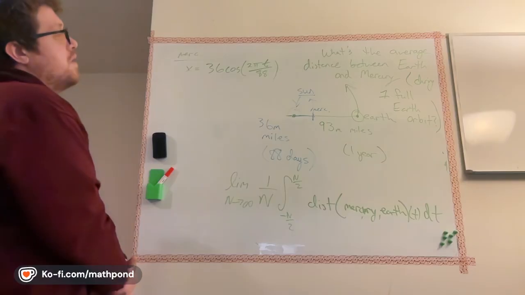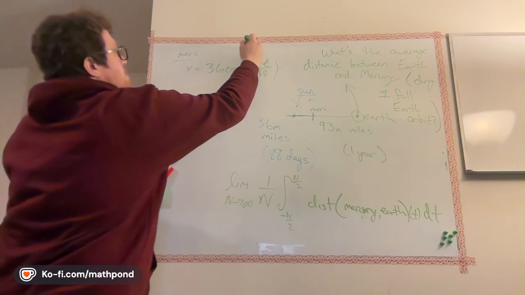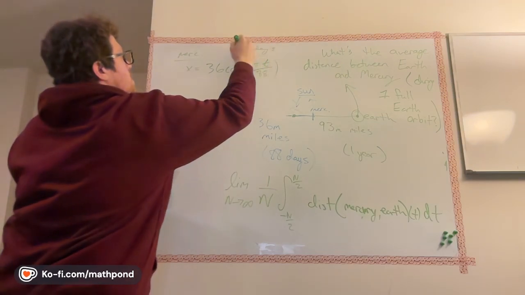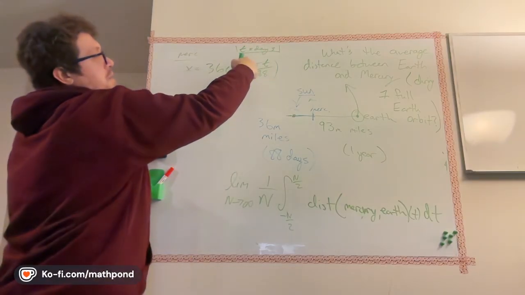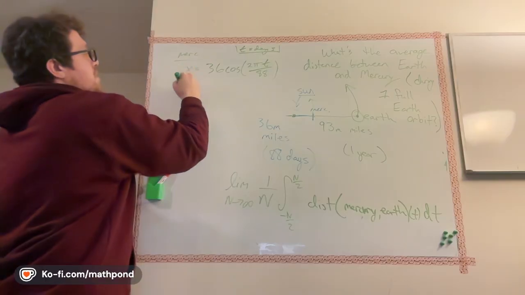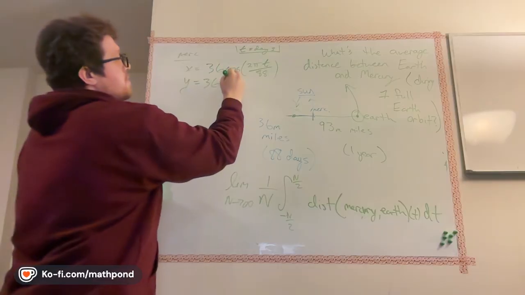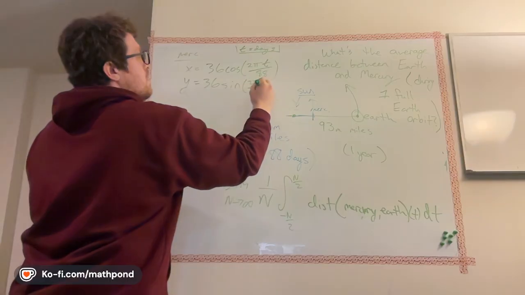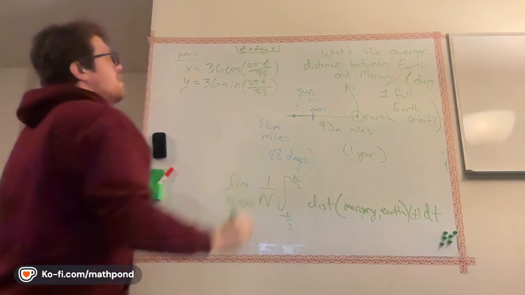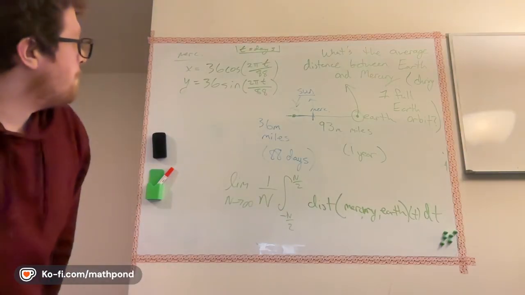Right, when we go 88 days around. Okay, so t is in days here, right? So t is in days. Yeah, so if we go 88 days, then we go a full lap around, which is 2 pi, right? So then y is 36, in millions of miles, of course, over 88. Where t is in days, yep.